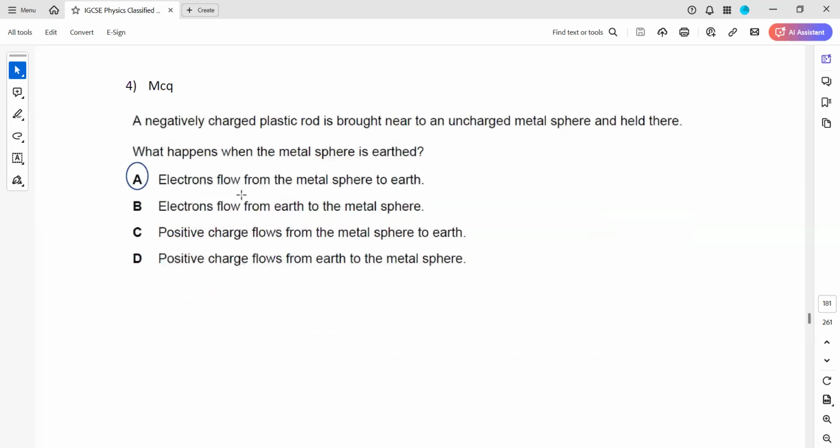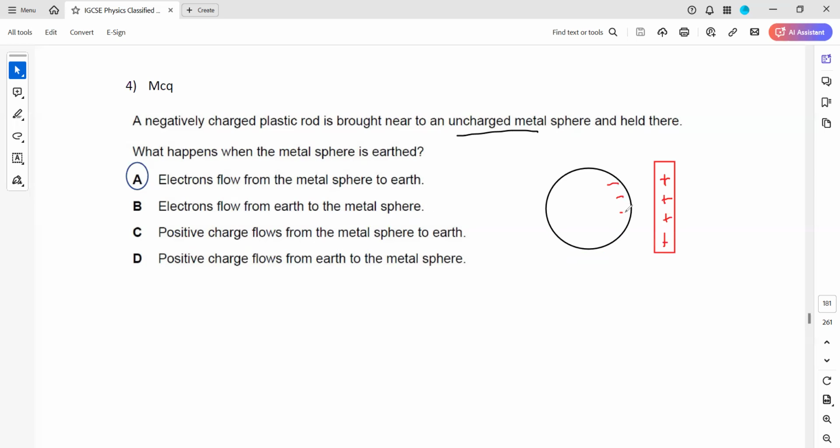In question 4, a charged plastic rod is put near an uncharged metal sphere. So we have an uncharged metal sphere, and near this metal sphere, we bring a positively charged rod. So what will happen?